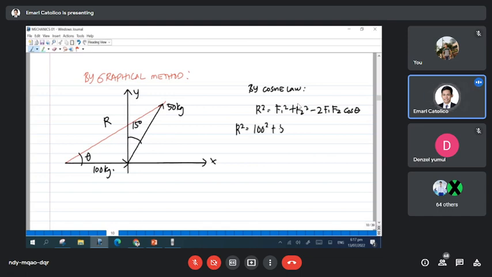Force 2 natin is 50, minus 2 times 100 times 50 cosine theta. Anong theta mo? Kung ito 15 plus 90, 105 degrees. Okay?